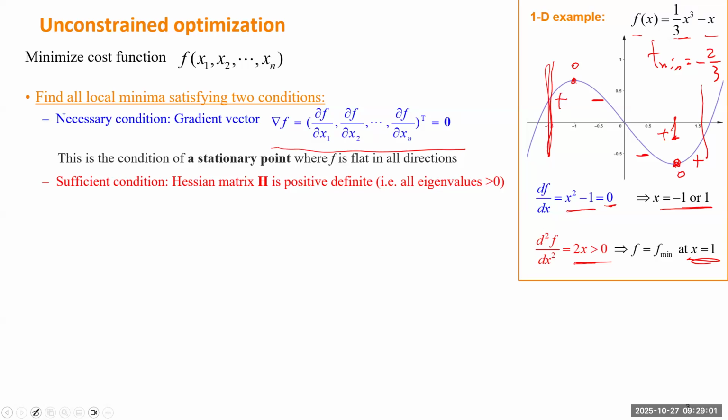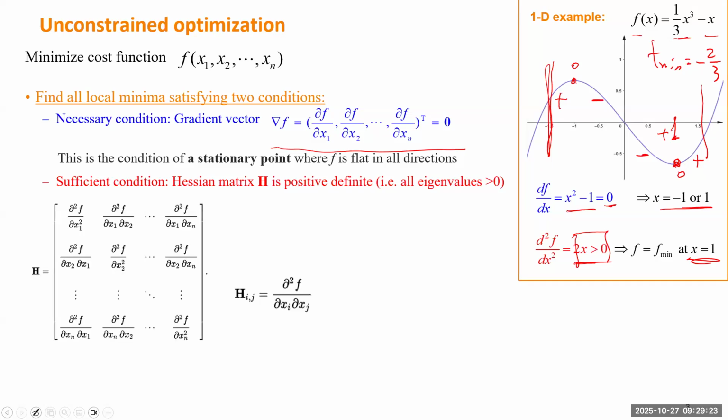Such a matrix is called the Hessian matrix. The matrix has to be positive definite, compared to the one-dimensional example with a positive second order derivative. A matrix being positive definite can be verified by checking all the eigenvalues. If all eigenvalues are positive, this matrix is positive definite.